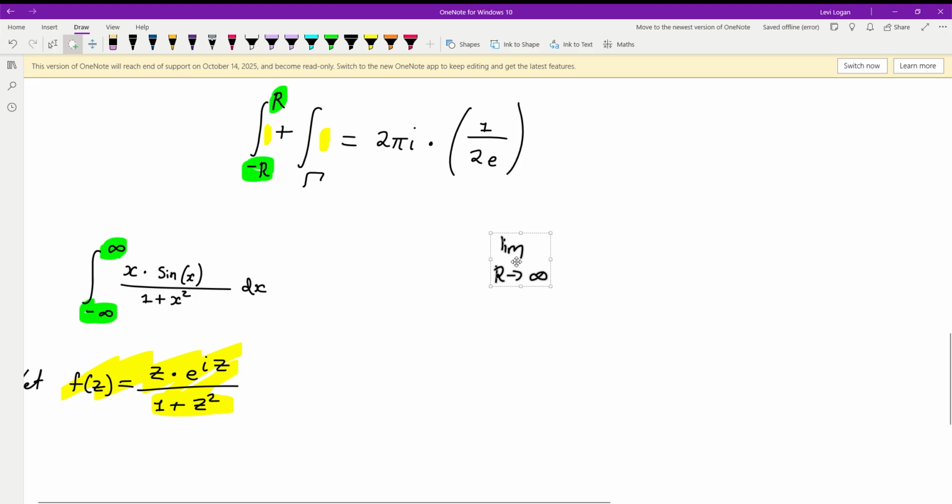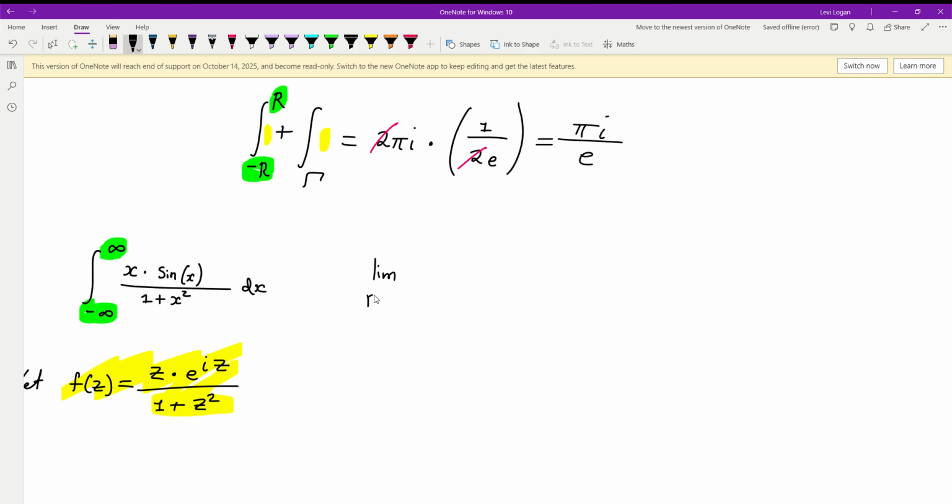So if we take this limit and we apply it to everything, first of all, actually before we do that, cancel, cancel. So we have pi i over e. Okay, so let's establish. So the limit as r goes to infinity, and we have the integral from negative r to r of z times e to the iz over z squared plus 1 dz plus the gamma integral.